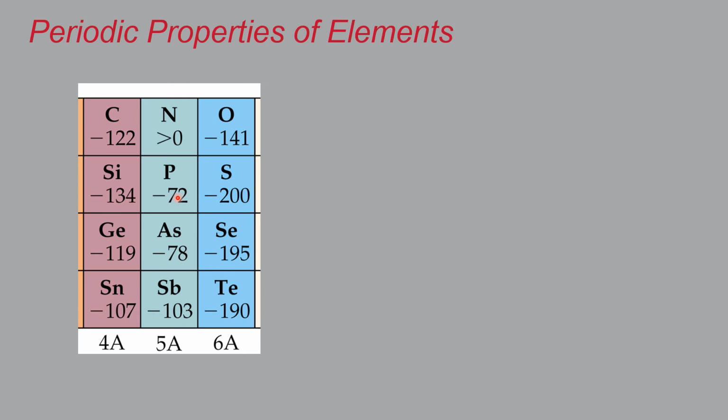Why would that be? The group 5A elements, so nitrogen, phosphorus, arsenic, and such, have electron configurations ns2 and p3, and adding that extra electron would produce a negative ion with the electron configuration ns2 and p4.